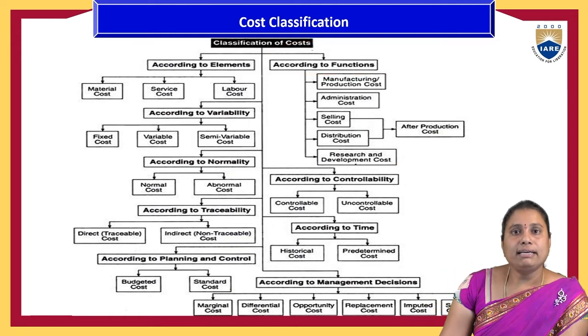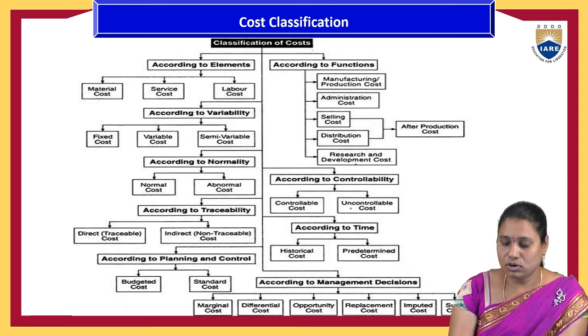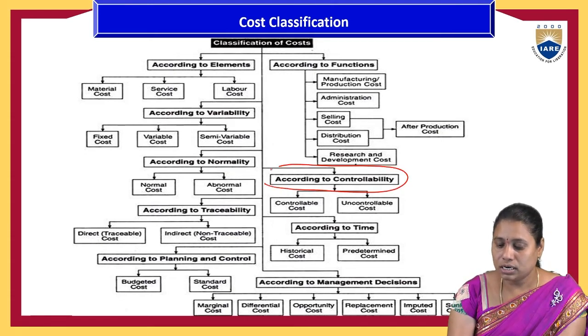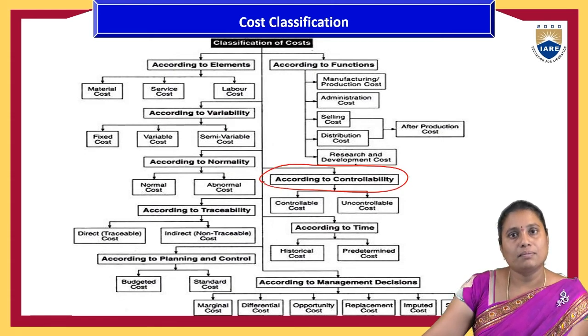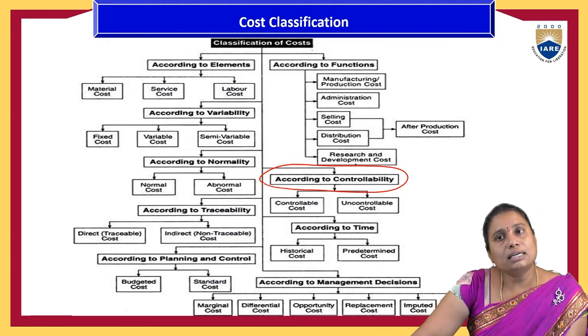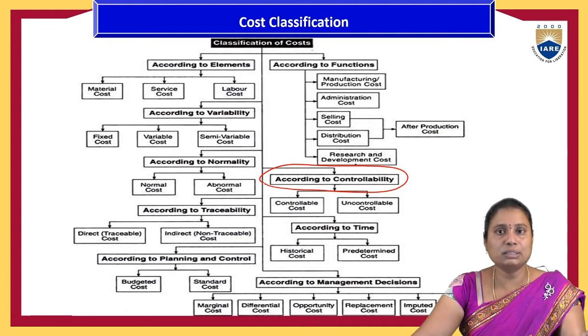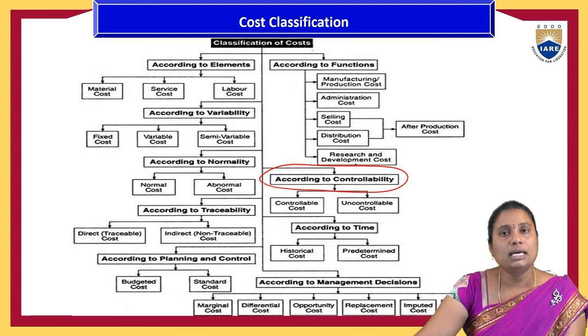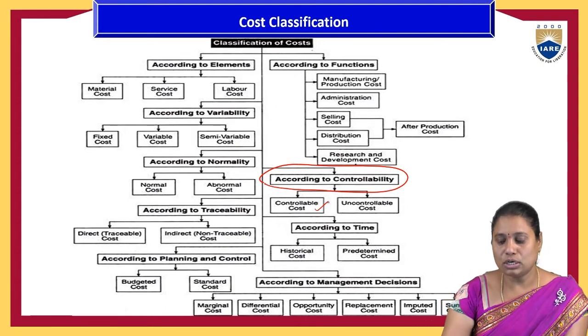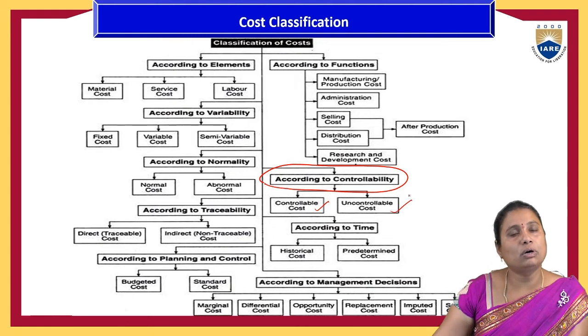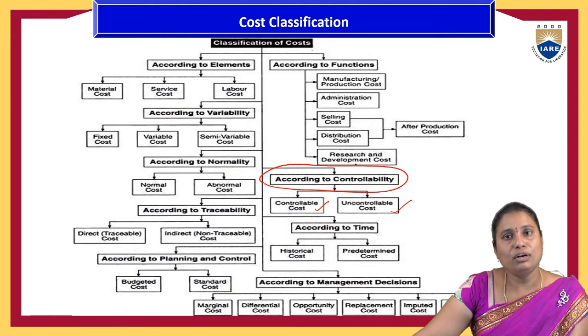The next level of classification of cost is according to controllability. If the expenditure incurred by the producer can be stopped at a certain level, then it is called controllable cost. And if it is unable to be controlled, then it is called uncontrollable cost.